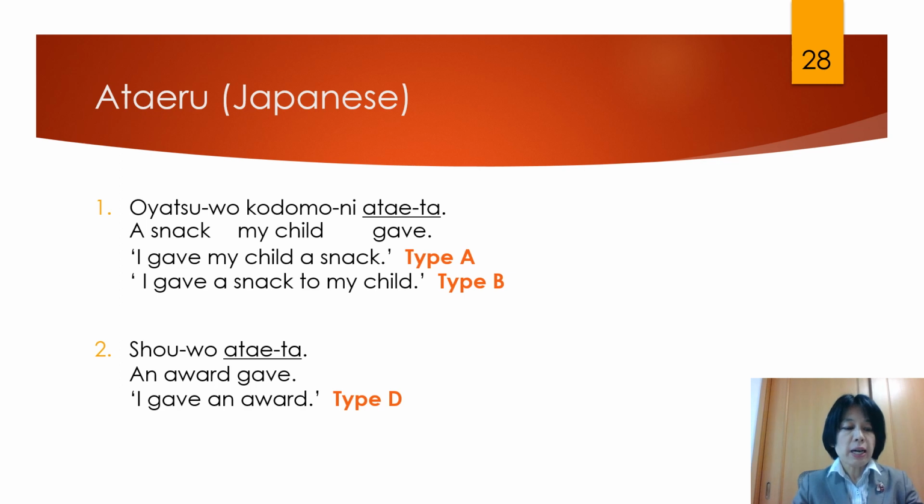Since Japanese allows type D, we can expect that the students produced a simple transitive version based on their knowledge of Japanese. I would argue that the frequent occurrences of type D by the Japanese students are an example of language transfer.